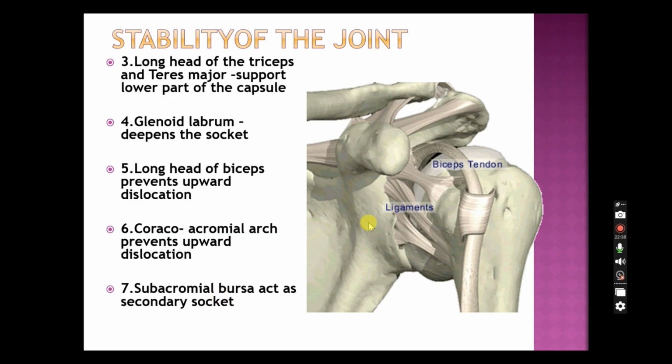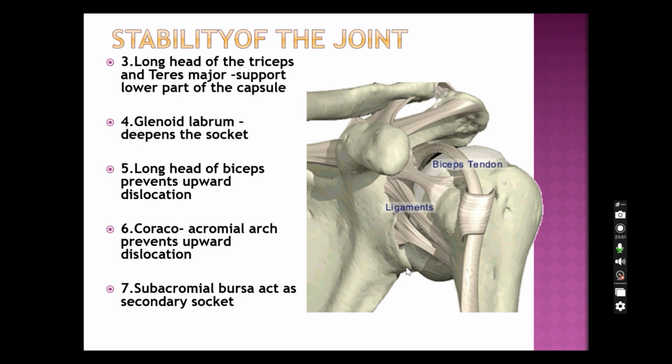Now, the long head of the triceps and teres major. The inferior aspect of the shoulder joint is the least supported area. Here, we have only two muscles to support, no other ligaments. The two muscles are, first, the long head of the triceps, taking origin from this point. What is this point? The infraglenoid tubercle.